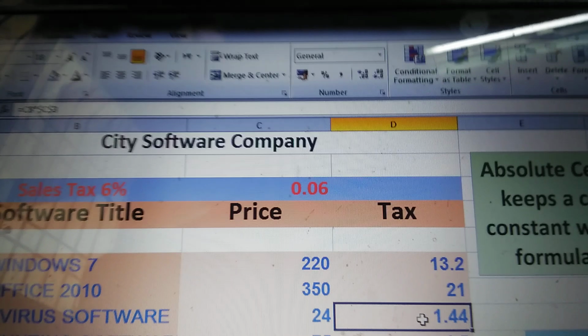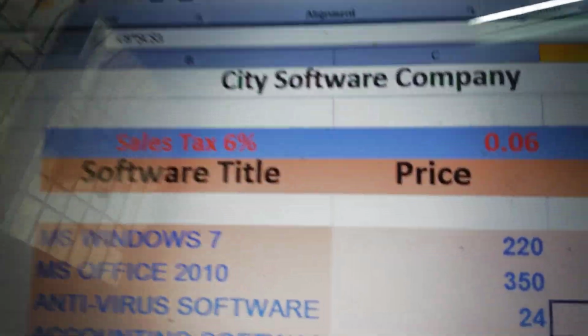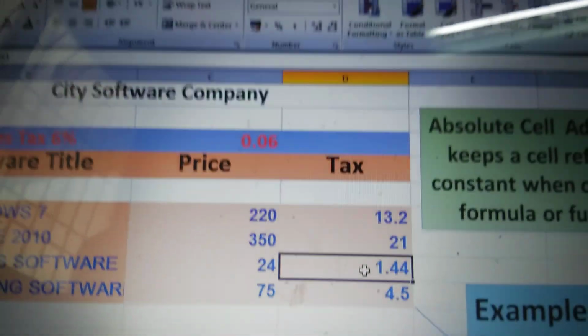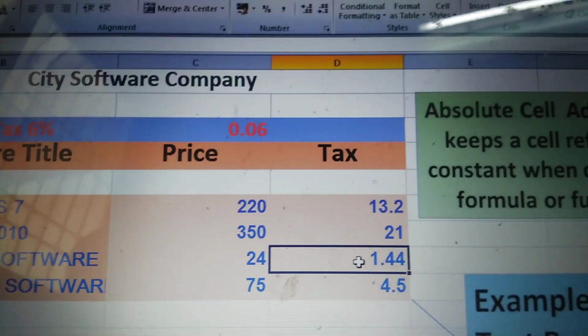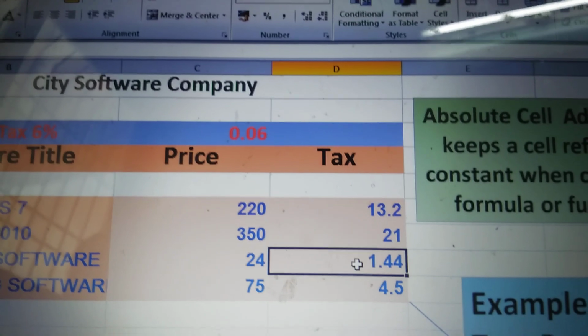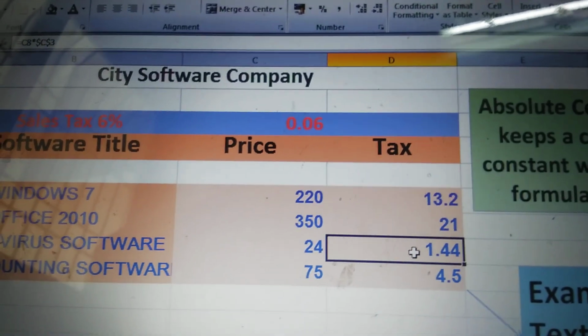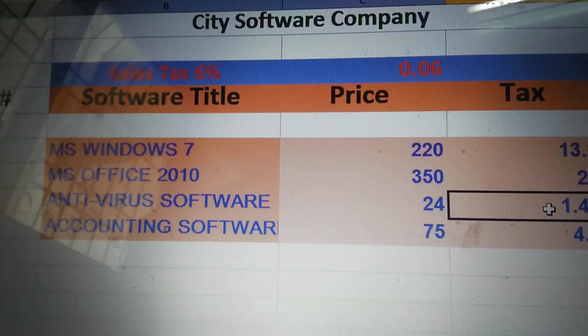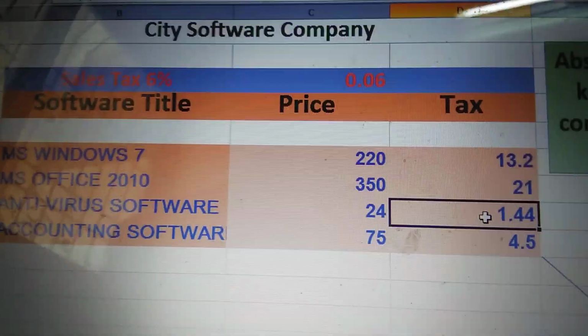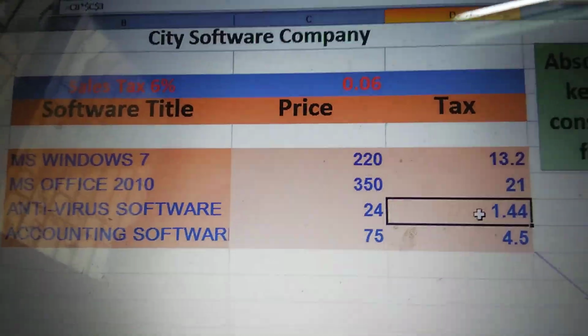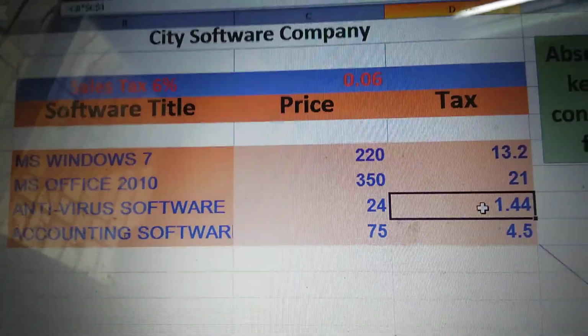The dollar sign is used in absolute cell references because the value of the tax will remain constant in this calculation. However, the reference cell of the price of different types of products will keep on changing, so we will have different values for the price.